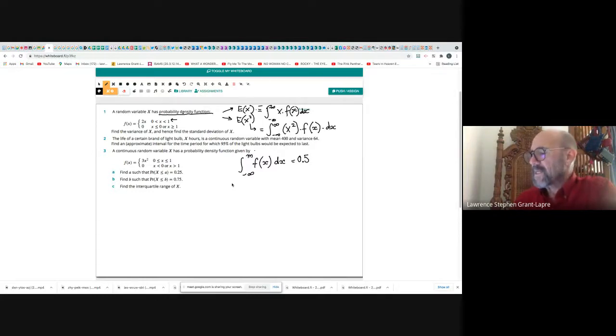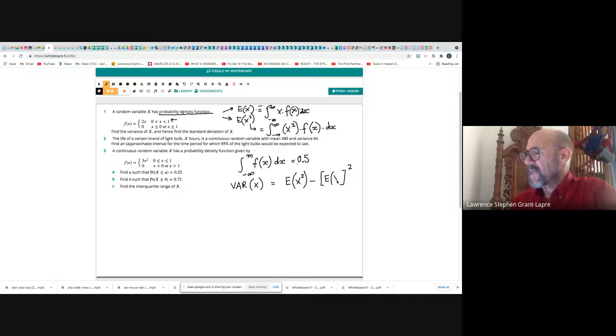But this lesson is to do with the variance and standard deviation. Now, the variance is the expected value of x squared minus the mean squared. We have to square the mean, and the mean was simply the expected value of x.